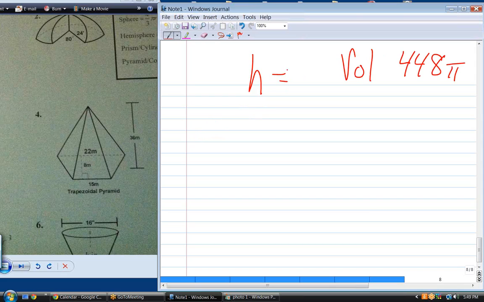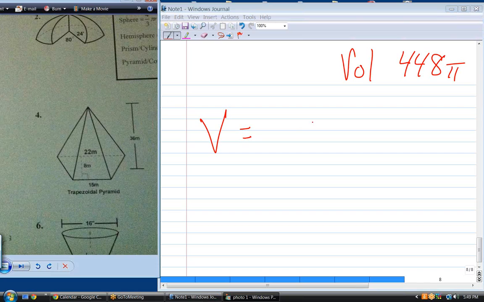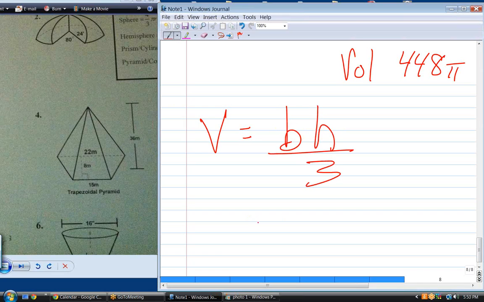Okay, let's start with the general formula for volume of a cone. What is it? That's base times height divided by 3. Okay. That means the area of the base times the height.